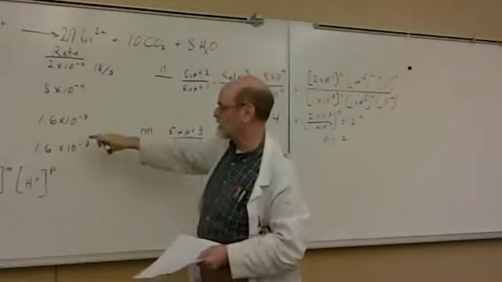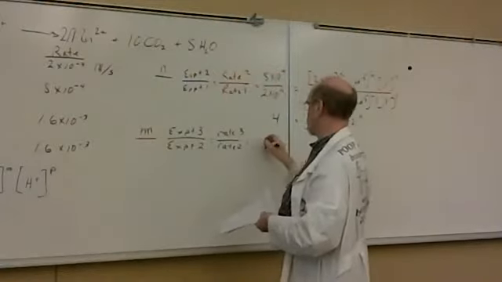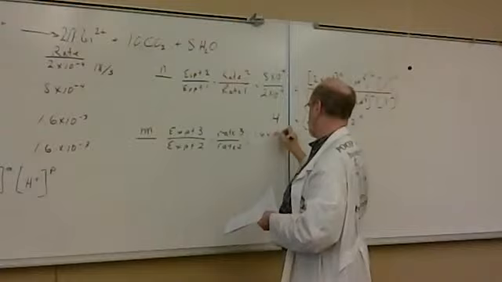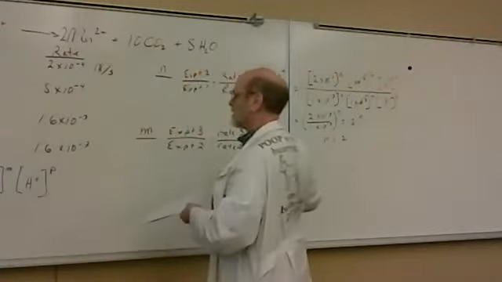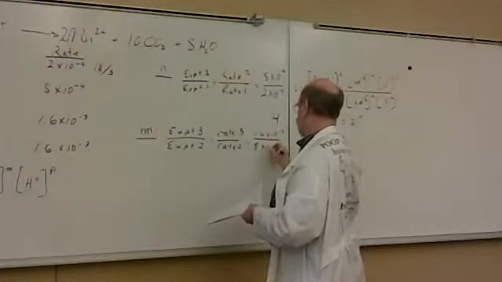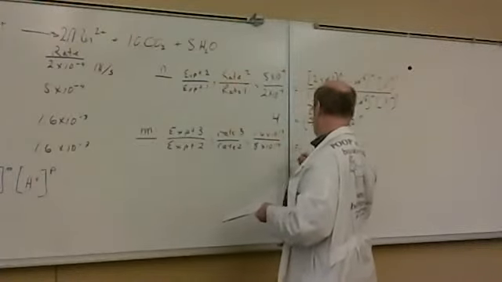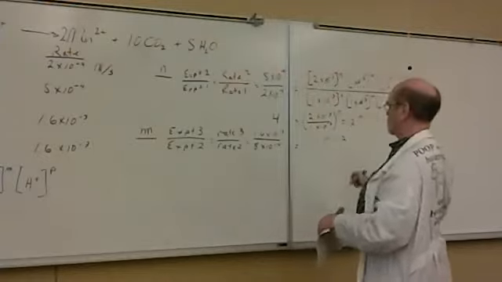So rate for 3 is 1.6 times 10 to the minus 3. And rate 2 is 8 times 10 to the minus 4.